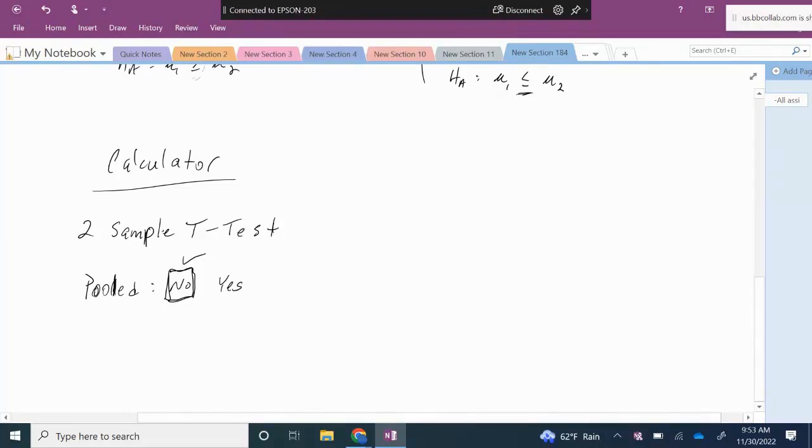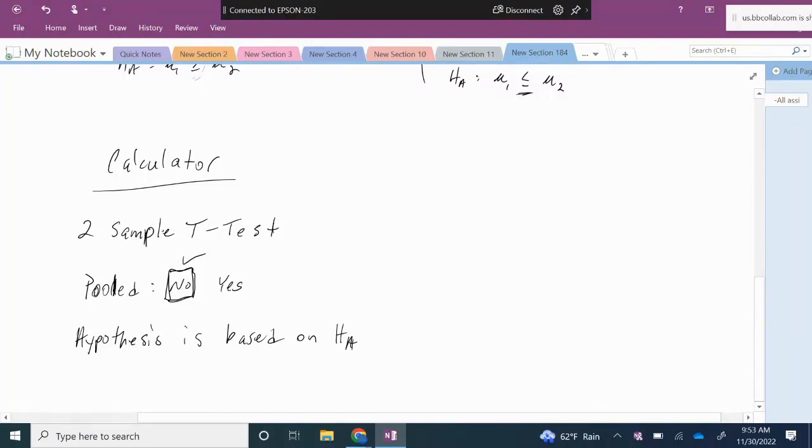There are only 3 problems in the last section, 4.5. In the last one, it says that the variances are equal, but you still want to use pooled as no. Then your hypothesis test is based on the alternative hypothesis.